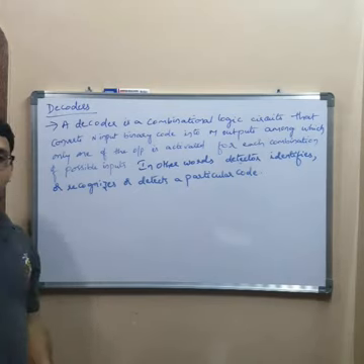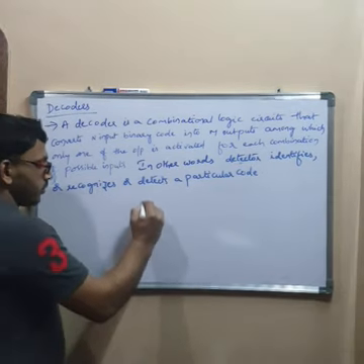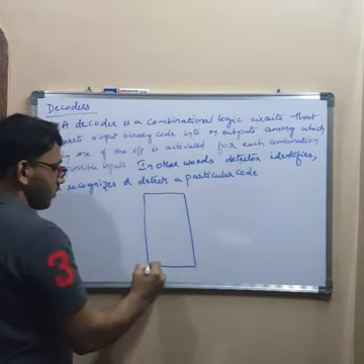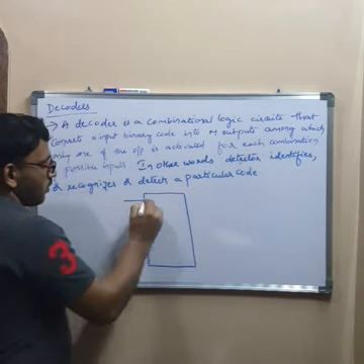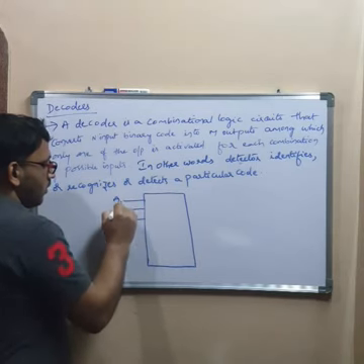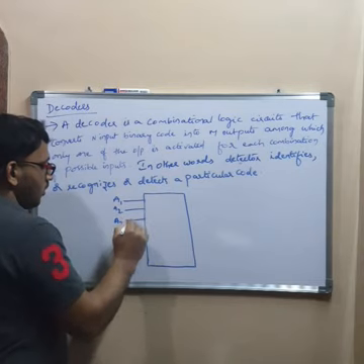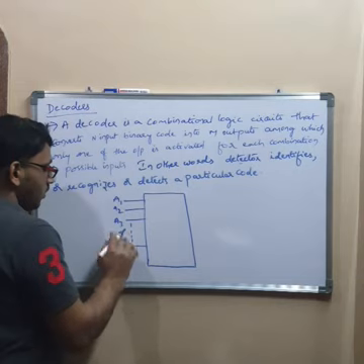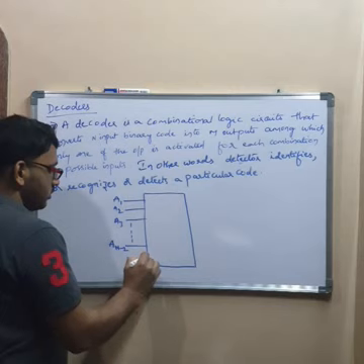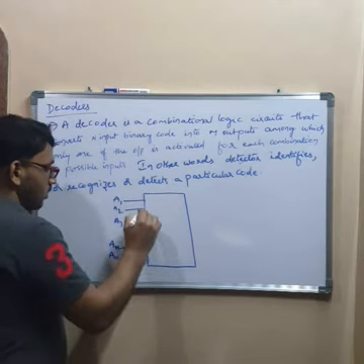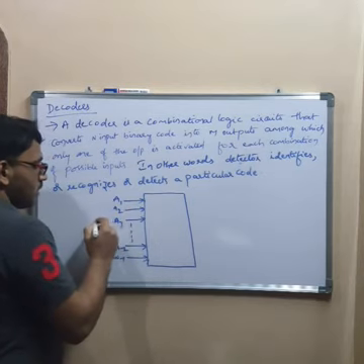So let us see the general block diagram. A1, A2, A3, up to An-2, An-1, right?